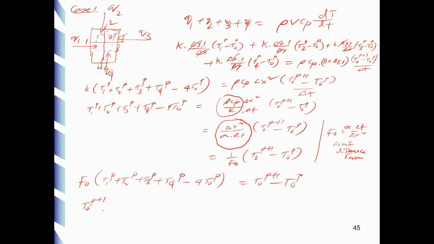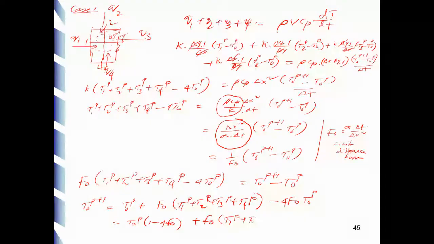So rearrange this equation, we want T0 P plus 1 equal to T0 P plus F0 times (T1 P plus T2 P plus T3 P plus T4 P) minus 4 F0 T0 P, which is T0 P times (1 minus 4 F0) plus F0 times (T1 P plus T2 P plus T3 P plus T4 P).